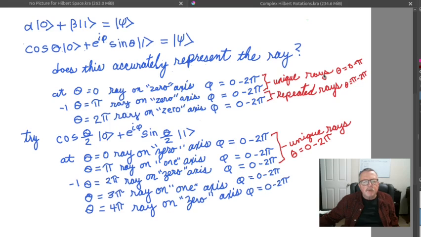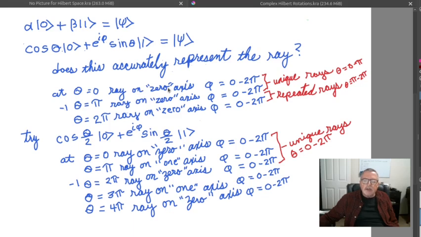Unique rays between 0 and pi, because the sign would be different on those things. So let's say that we get to pi and cosine is -1. What does that do? Well, that switches the direction of the, no it doesn't. It doesn't switch the direction. It just multiplies it times -1. See how confusing that is?